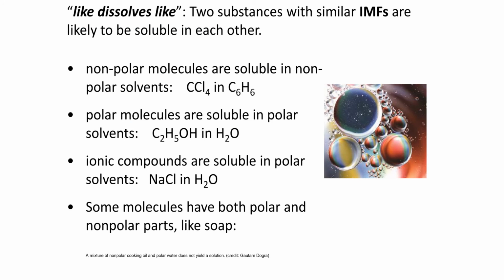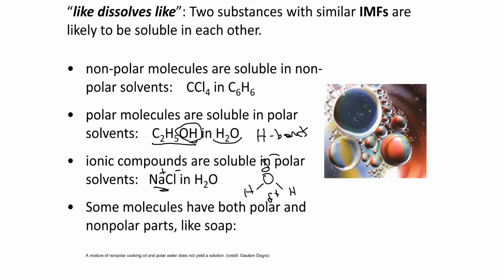So, back to like dissolves like. Polar molecules are going to be soluble in polar solvents. For example, ethanol with its nice OH is going to dissolve in water. We're going to get nice hydrogen bonding in between. Also, ionic compounds with nice charges, the plus and the minus, are going to dissolve in our water because we know our water has a partial negative and a partial positive end.